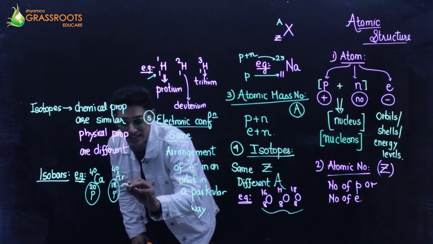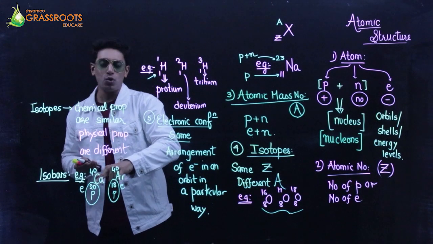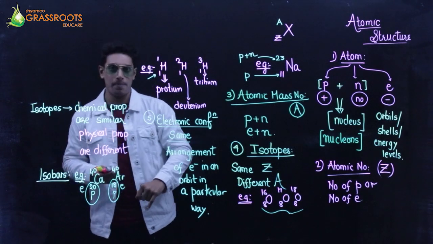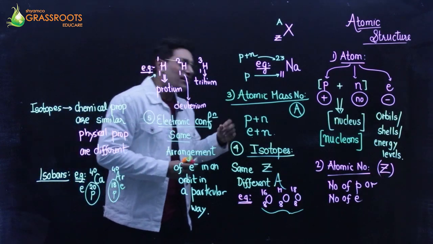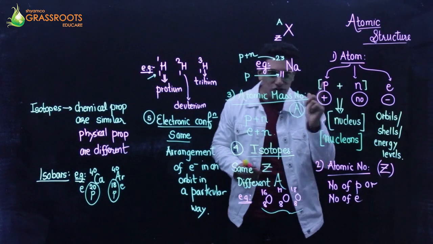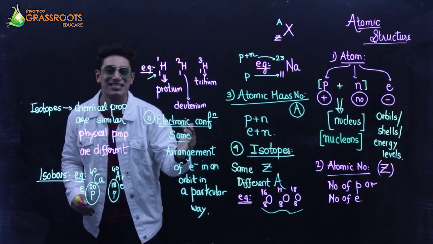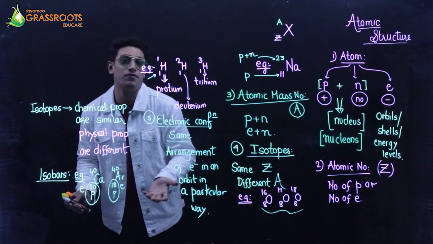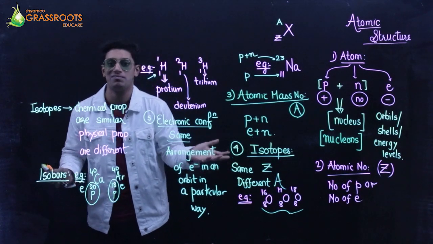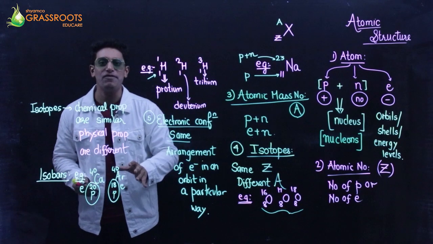So there are 18 electrons and there are 20 electrons. Don't these two elements have a difference in the number of electrons? And if there is a difference in the number of electrons, obviously their electronic configuration will differ. Thus, their chemical properties will differ. They might be similar in the physical properties, but their chemical behavior differs.